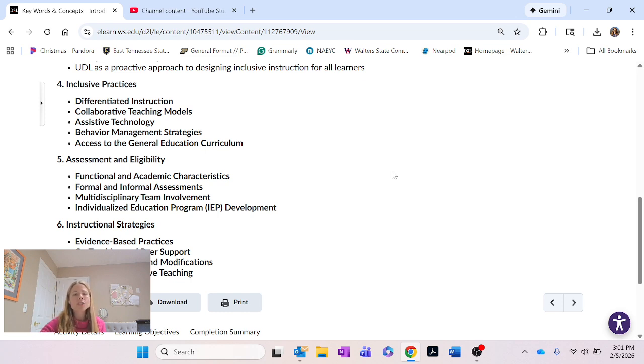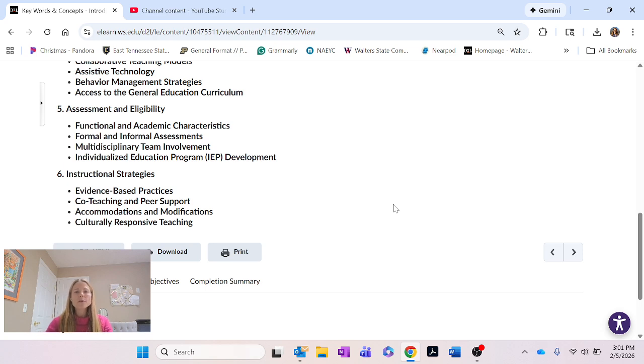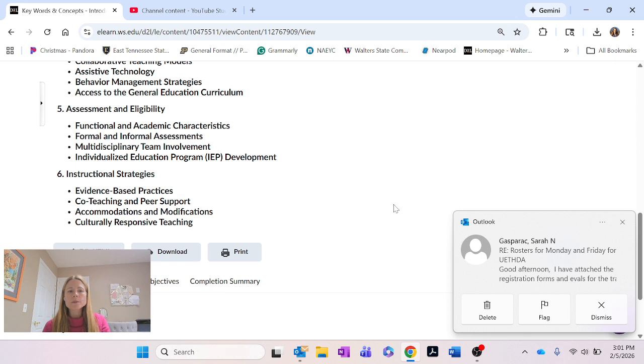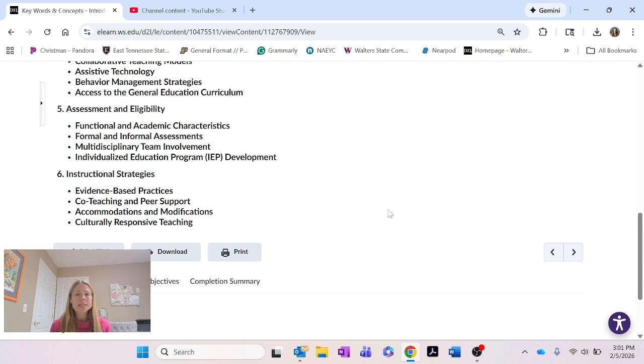And then instructional strategies. When you're working with students in these two groups, high incidence and low incidence, we're really looking at these types of strategies in the classroom. We're going to see evidence-based strategies or practices, which is what you're going to choose one of when you do your co-teaching plan. Co-teaching and peer support, again, go with evidence-based practices.